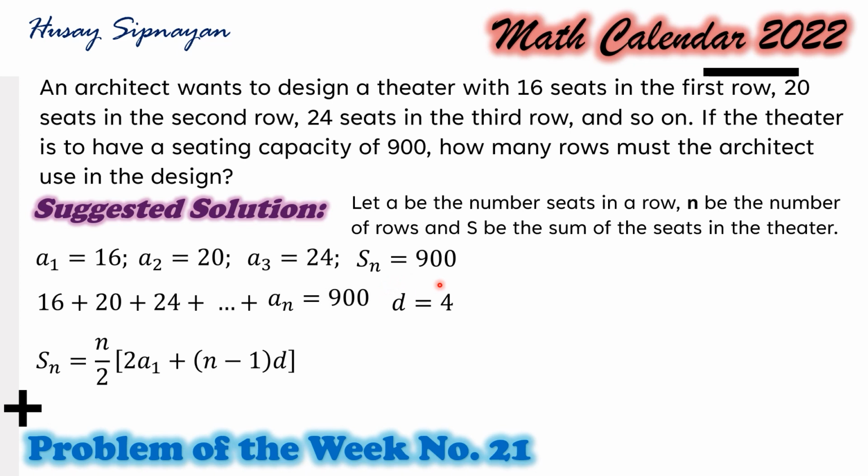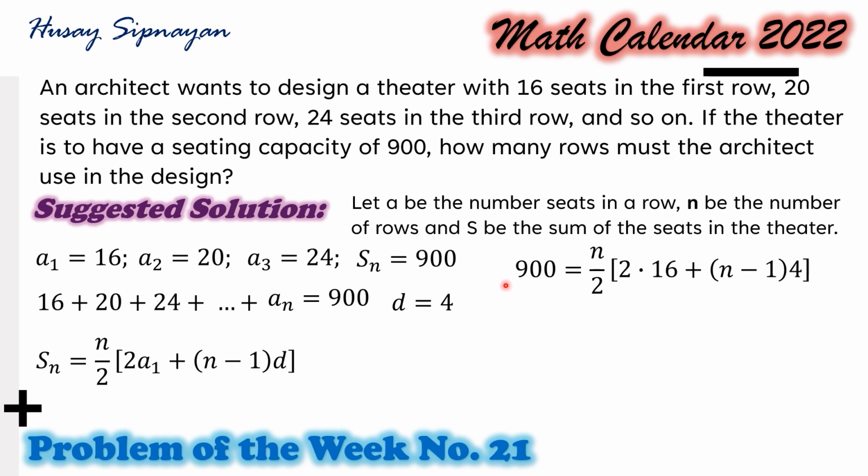This time, we can substitute the values to the given formula. Then we have S sub n is 900. So we have 900 is equal to n over 2 times the quantity 2 times a sub 1, that is 16, plus open parenthesis, n minus 1, times the common difference, that is 4, close quantity.